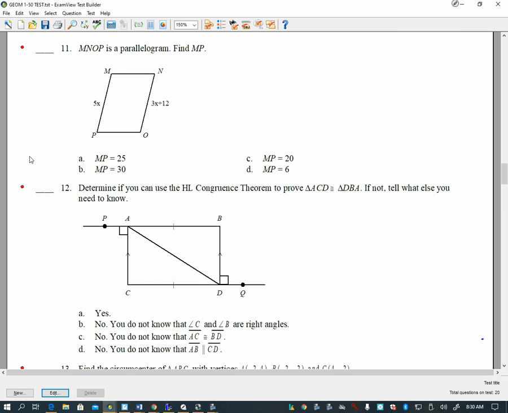MNOP is a parallelogram. What do I know about parallelograms? Can we write up some things that we know about parallelograms? Two sets of parallel sides. We would say opposite sides are parallel.